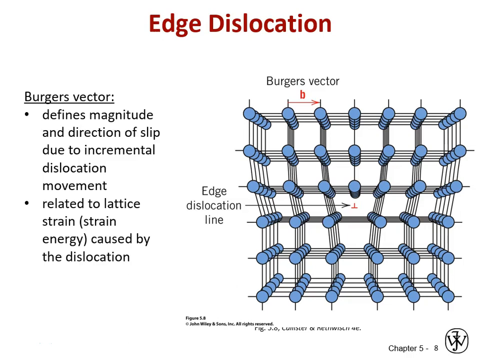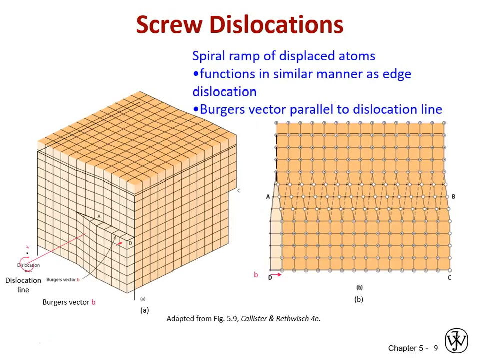It's a vector direction indicating which direction the dislocation is moving and where the material is going to deform when it does move, and its magnitude will be dependent on the crystal structure of the material. This is related to the lattice parameter, and it also relates to the amount of strain energy that you have as a result of the dislocation, since that is actually changing the lattice parameter just a little bit.